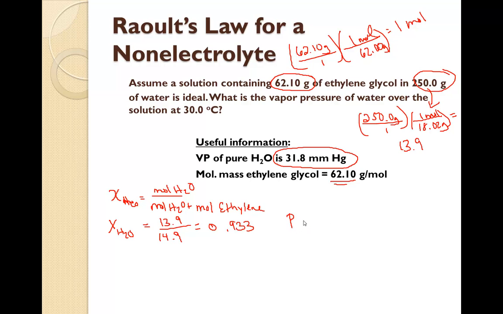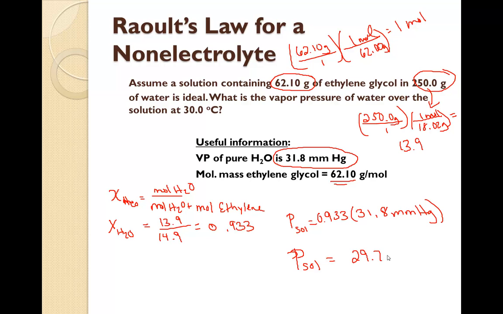The pressure of the solution is equal to the mole fraction of the water times the vapor pressure of the pure water. Multiply those together, and the pressure of the solution comes out to be 29.7.